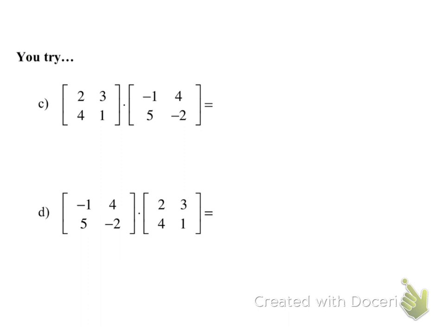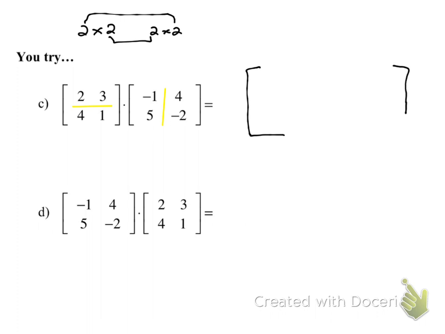All right, C, rows by columns. All right. Sorry, skipped a step. 2 by 2, 2 by 2. So our answer will be a 2 by 2. We'll go here, here, and here.